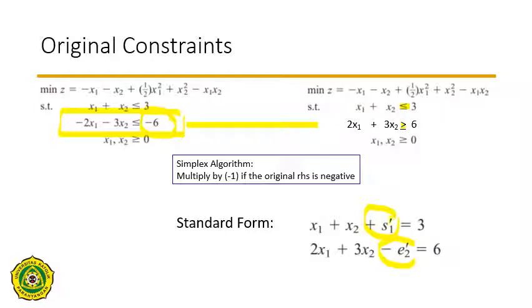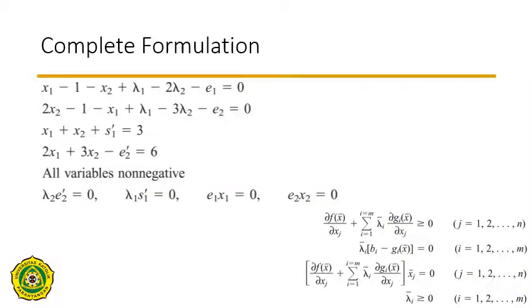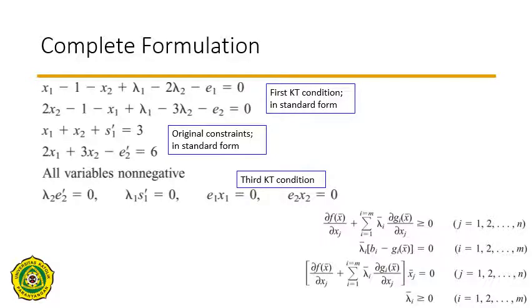And then you have the sign here, S1 prime, E2 prime, because it just denotes that these are the slack and excess that come from the original constraint. Okay, so this is the complete formulation. Let's see what we've done so far. So the first two constraints are the first K-T condition in standard form.